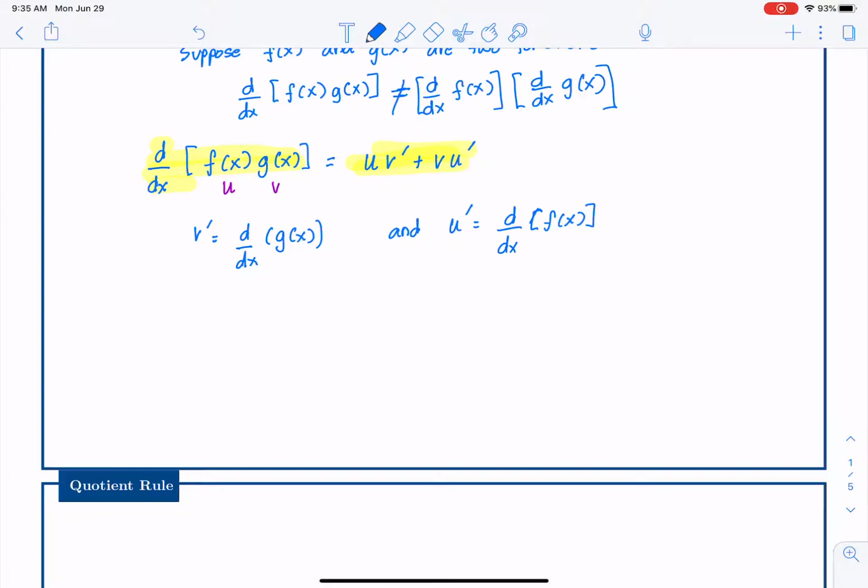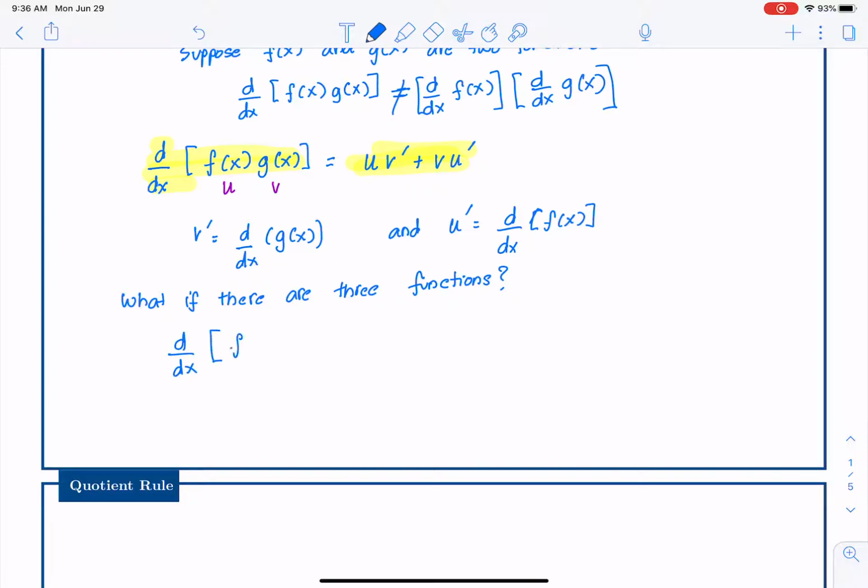Now, what if we have multiple functions? So things get tricky.